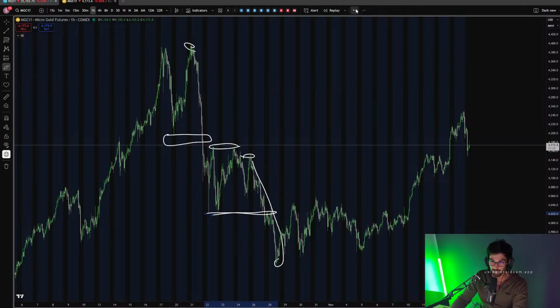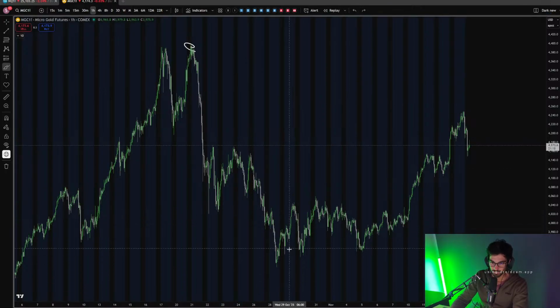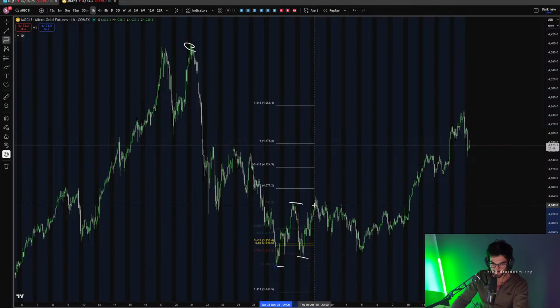And then we see the first sign of strength, which is price made a high after bouncing from this low, a higher low and a higher high. This is interesting because now you can see the market structure is trying to shift, although as we were saying before, the retracement of this move was quite deep, surely through the 786.